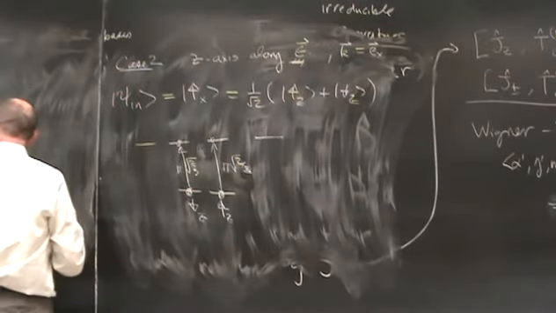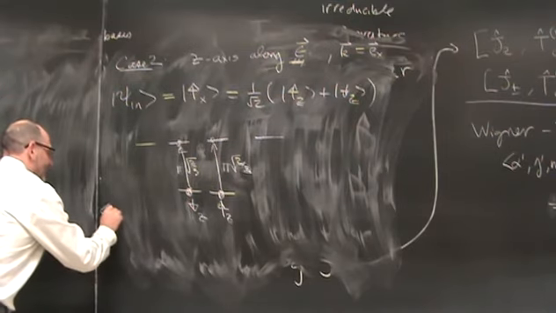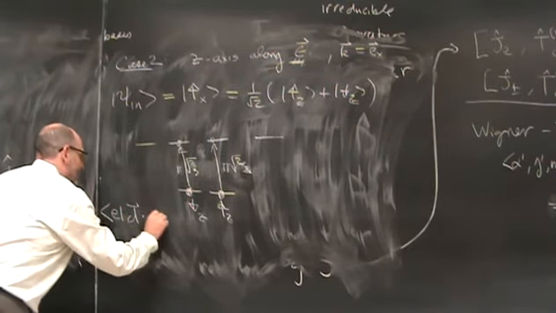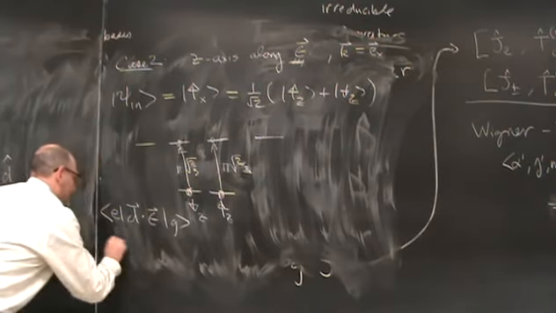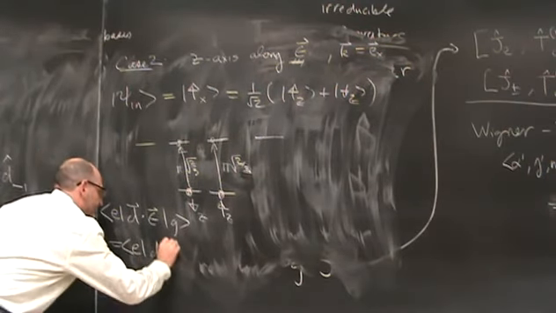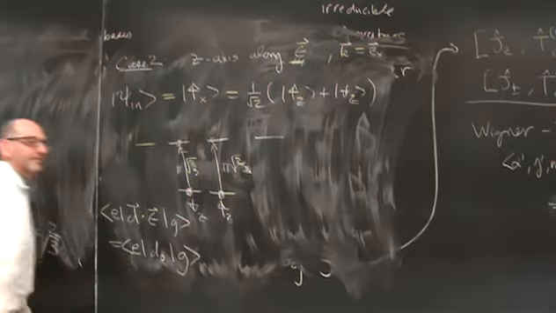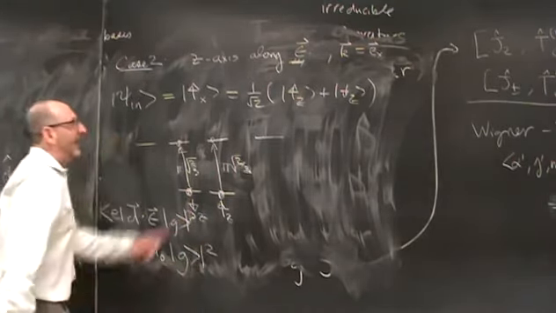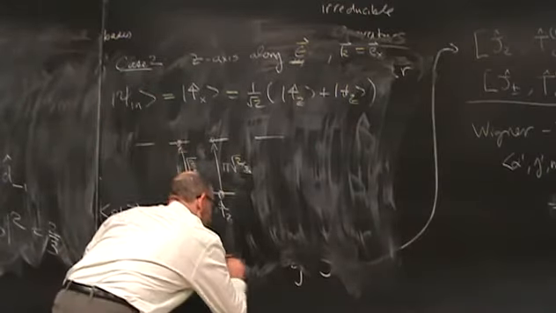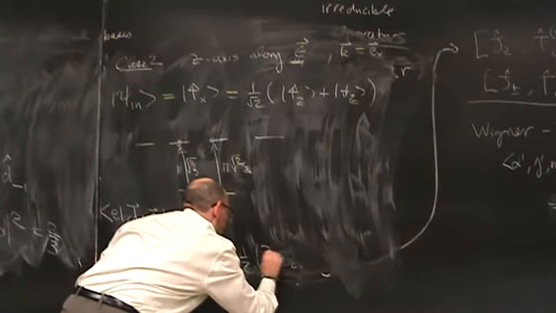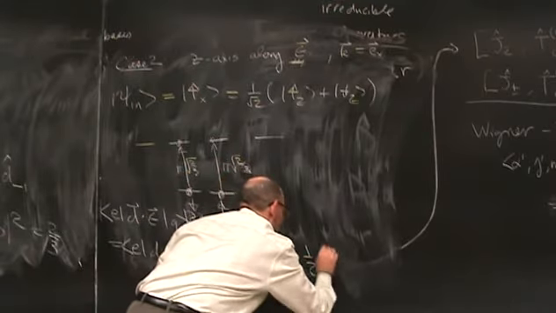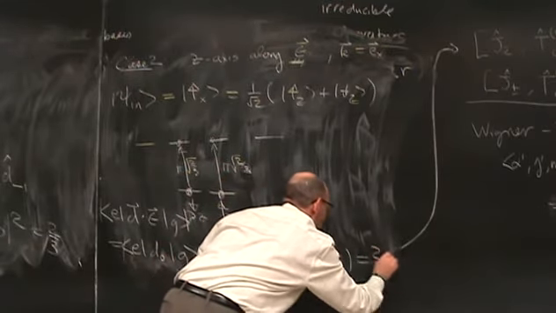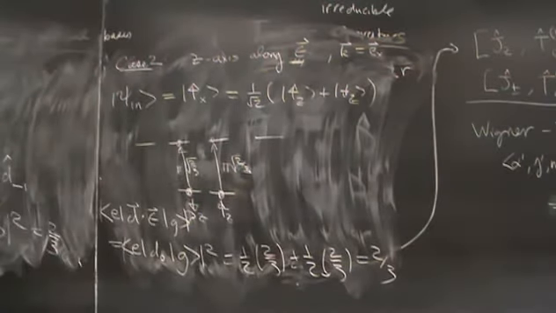So if I look again at this d dot, and this is d0, I'm going to square it. I have a half of this transition, a half of 2/3, plus a half of 2/3, which is again 2/3. So it's the same thing, just with respect to two different axes.